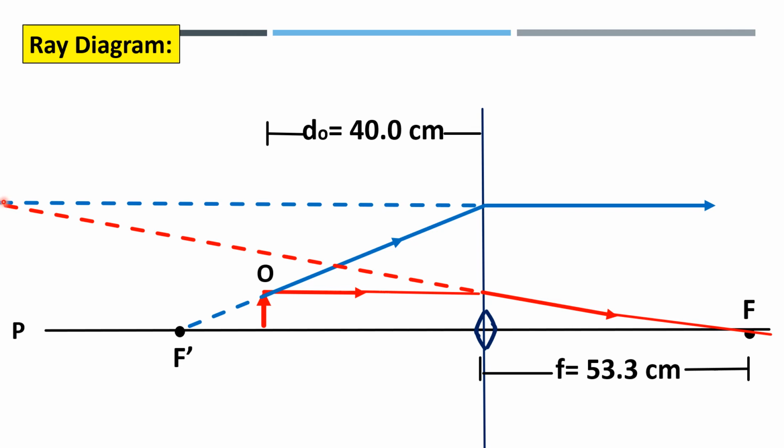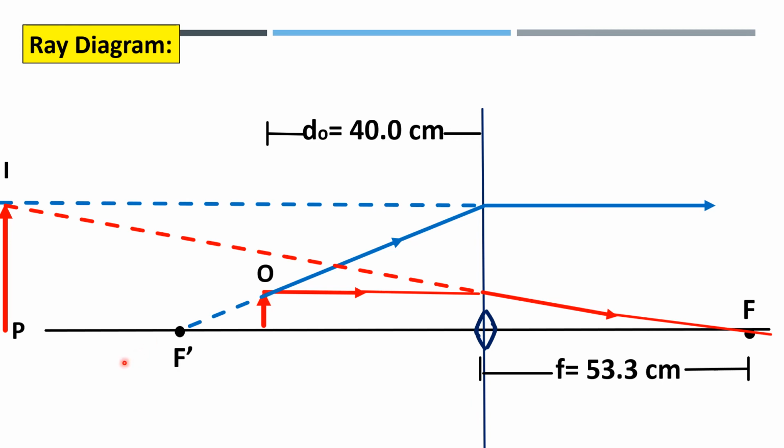I'm sure you already know what that point of intersection represents. It represents the image. So that image represents the image formed by the converging lens of this particular object.